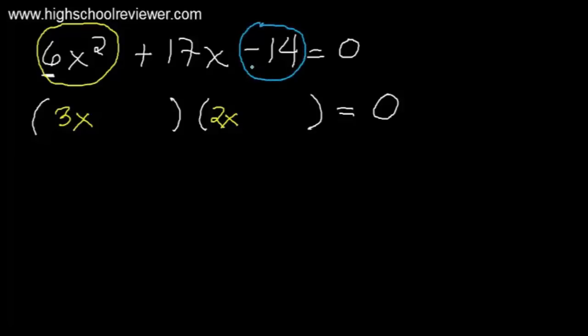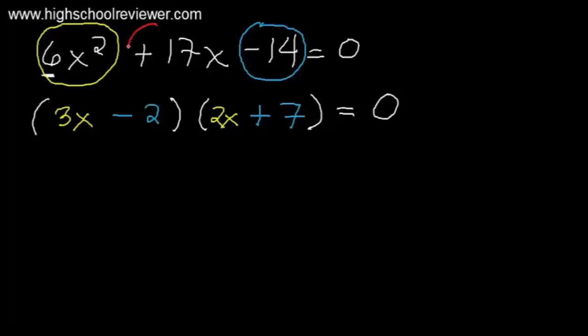Since this is negative, the factors of negative 14 will be one negative and one positive. Okay. So for the factors of negative 14, let's try negative 2 and positive 7. Negative 2 times positive 7 is negative 14. But let us check if we can arrive at the sum of positive 17x.